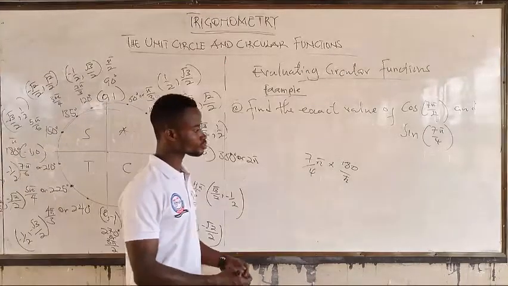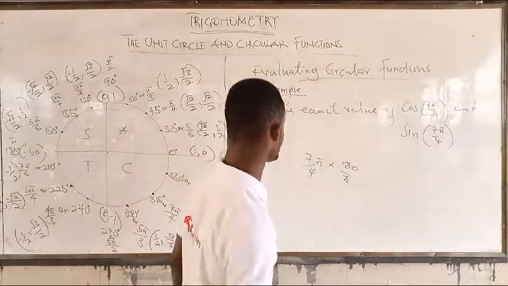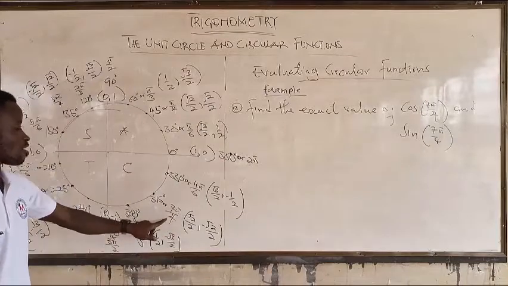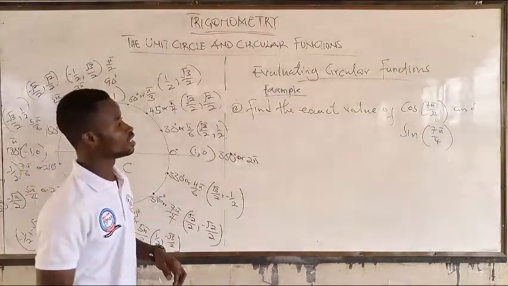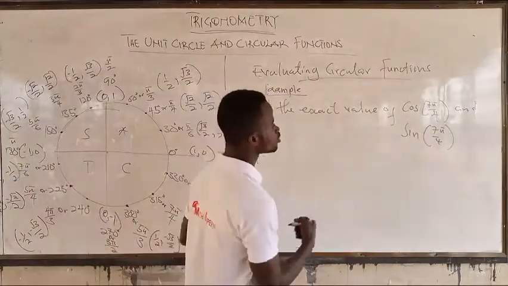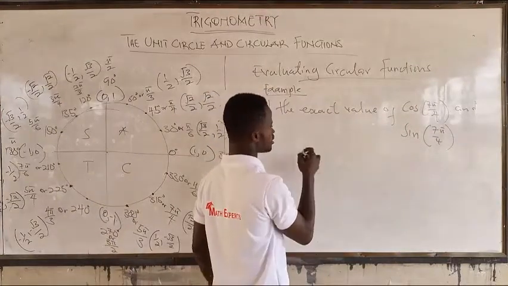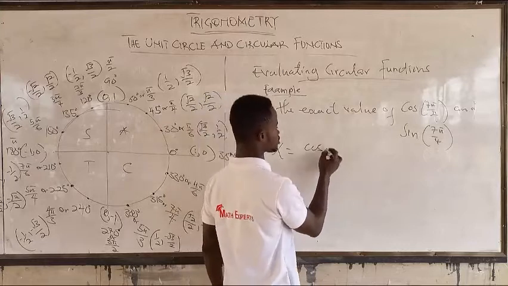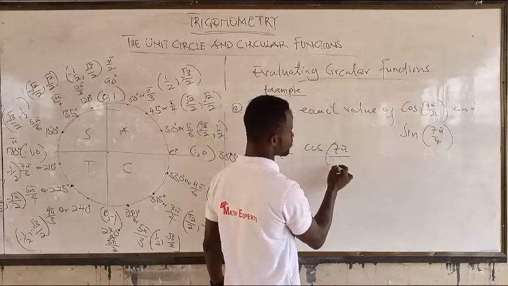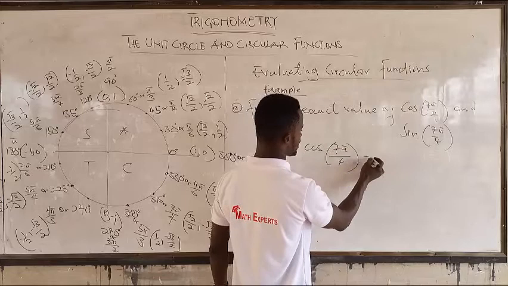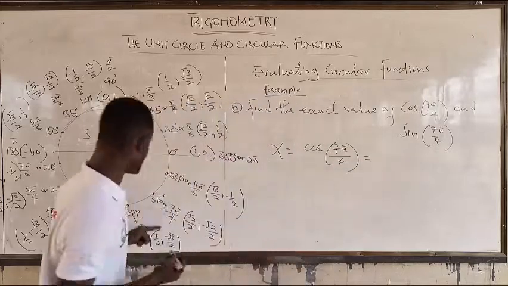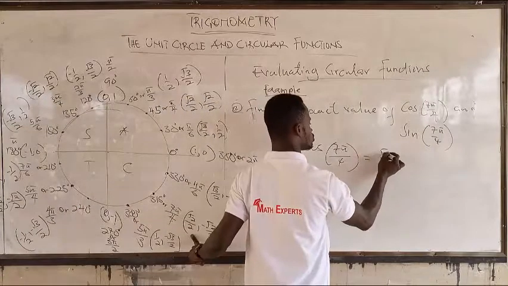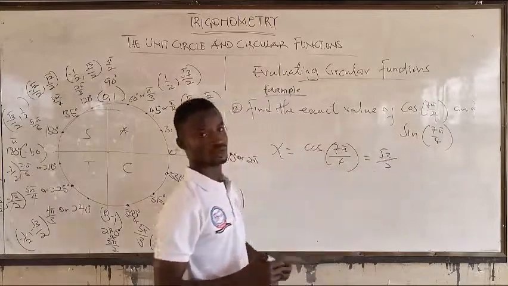So you know that the point at 7 pi over 4 is 315. So for cos, which is x, cos 7 pi over 4, the x is square root of 2 over 2.